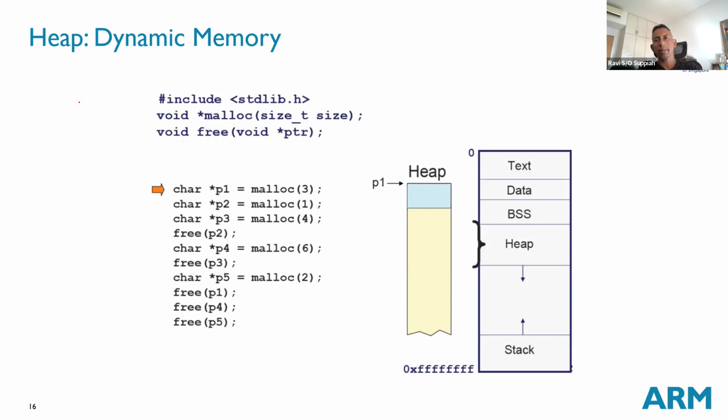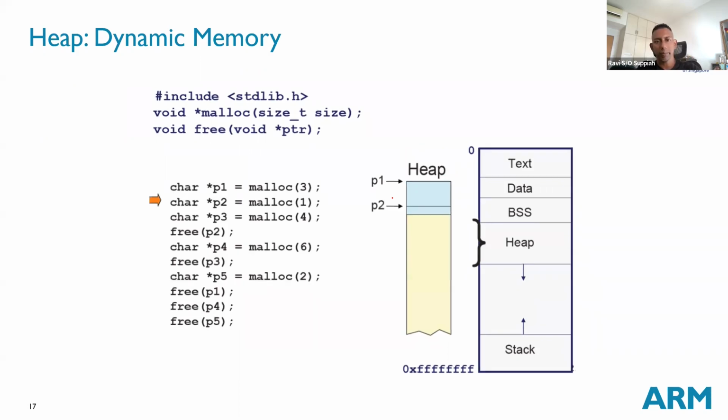As you know, the dynamic memory is the space set aside that we call the heap. That means at runtime, whenever I want some memory, I need to request memory from the heap. In this example, first I do a malloc of 3. For now, you can take it as maybe 3 bytes or 3 chunks of memory.